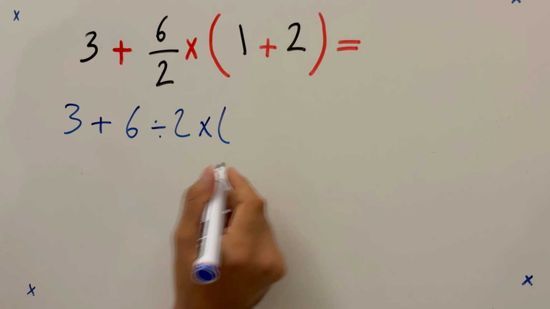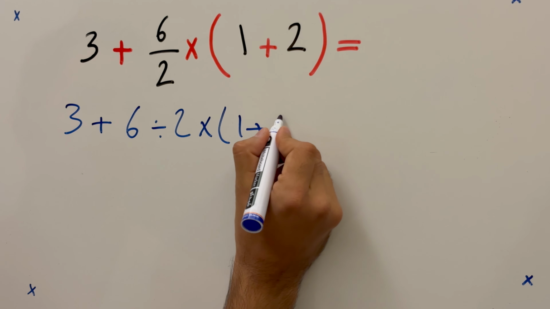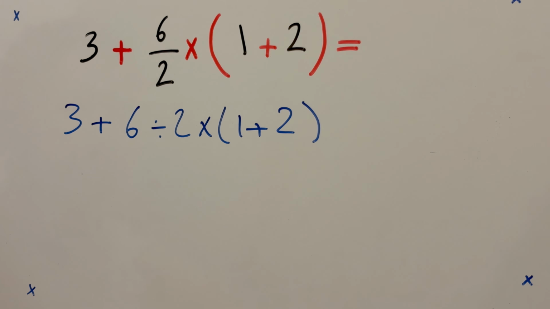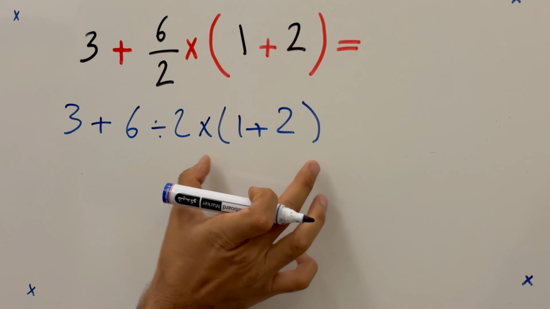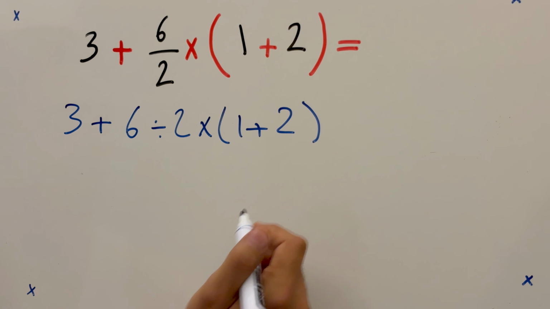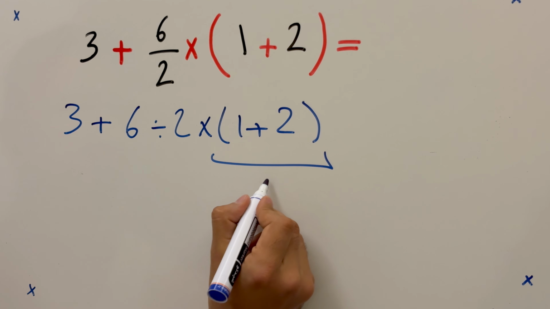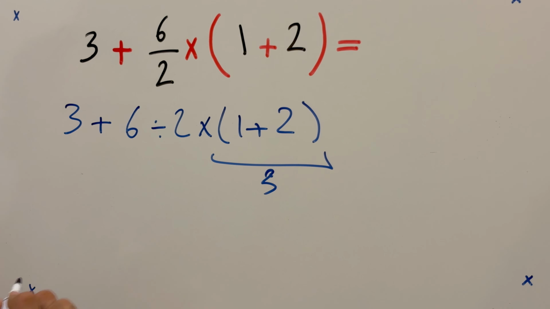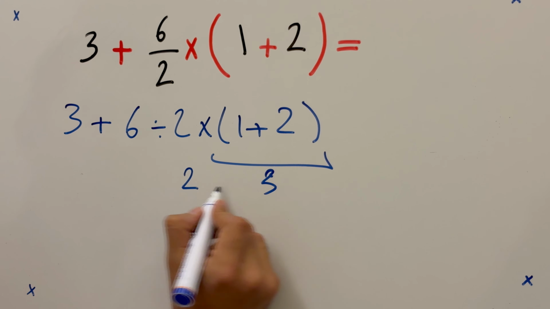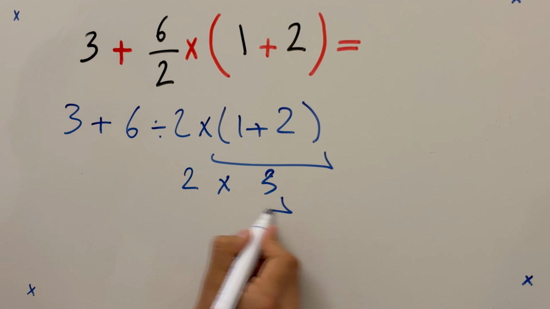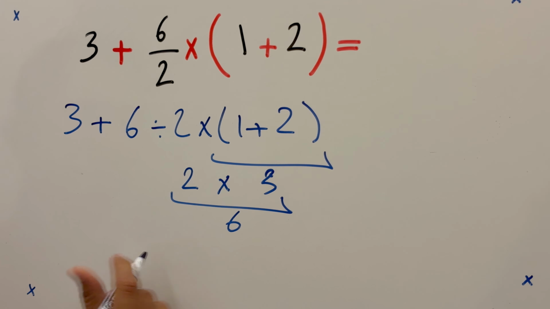Multiplication, open parenthesis, 1 plus 2, close parenthesis. And then the parenthesis first, yes? 1 plus 2 equals 3. And 2 times 3 gives us 6.